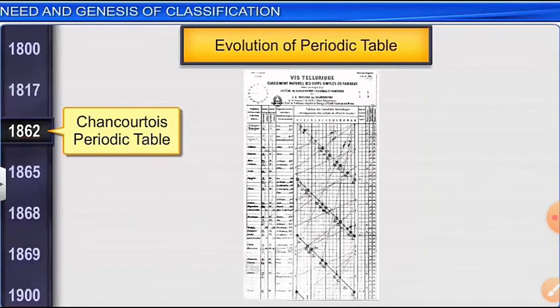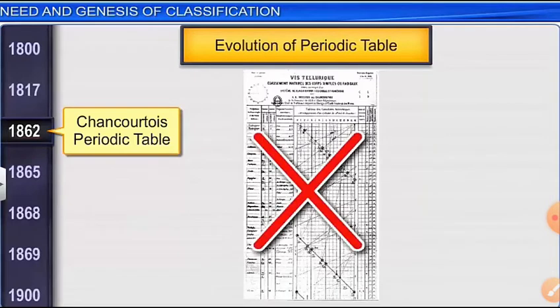He classified the elements, but this was not accepted, and it is not discussed in our NCERT either. So the Chancourtois periodic table was based on geological data.